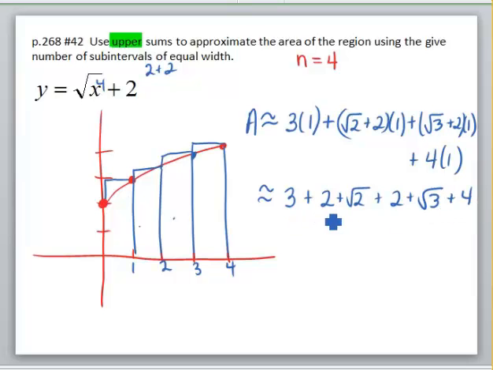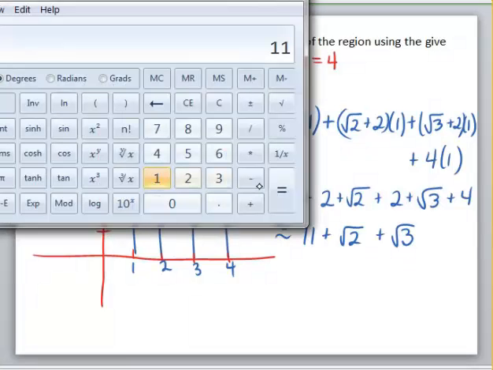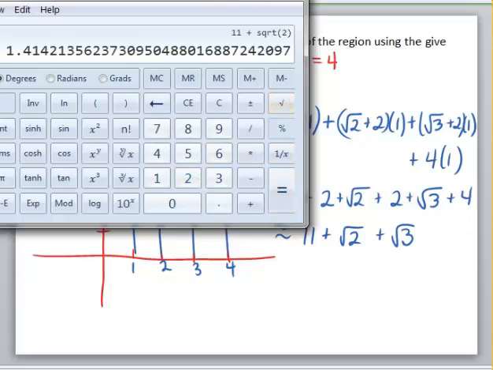So I end up with approximately 11, plus the square root of 2 plus the square root of 3. We can use our calculator again to come up with a decimal: 11 plus the square root of 2 plus the square root of 3 equals 14.15.